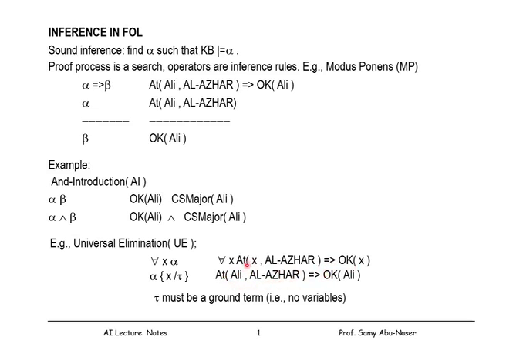Now if we replace x with any constant, like a ground term tau, we can use Ali. The sentence becomes: if Ali at Al-Azhar, then Ali is okay. So we don't need for all x; we replace every x with Ali, so no need to write for all. Tau must be a ground term, i.e. no variables, it must be a constant.